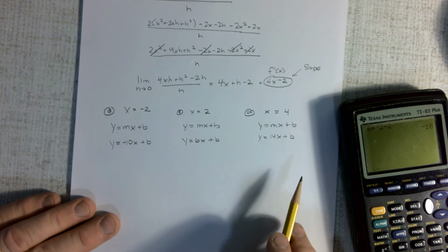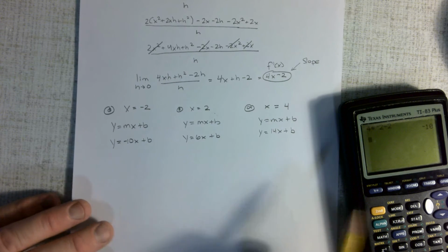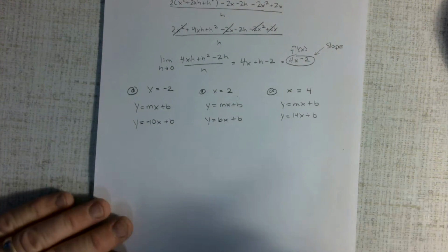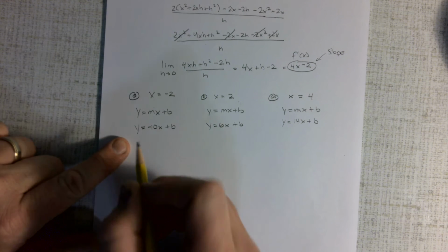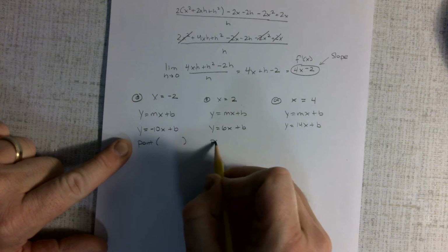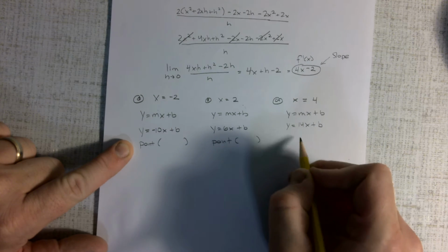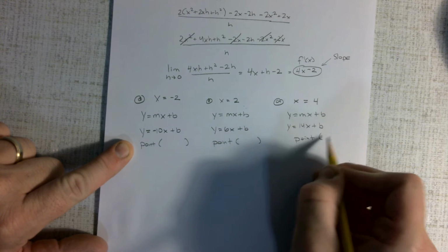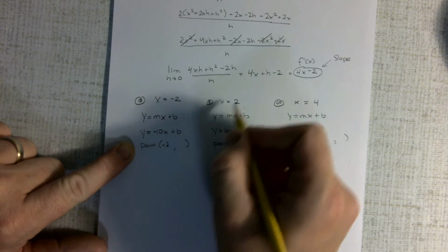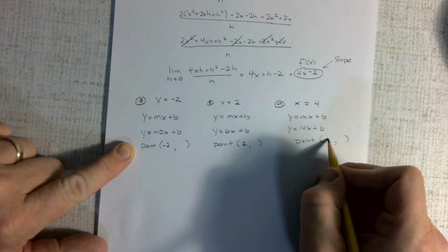So I have my slopes. Now all that's left is I need to be able to find my intercepts. Well, that takes a point. So we need a point that's on this line. And the points on all of them are from the initial equation. This is negative 2 input, this is 2 input, this is 4 input.